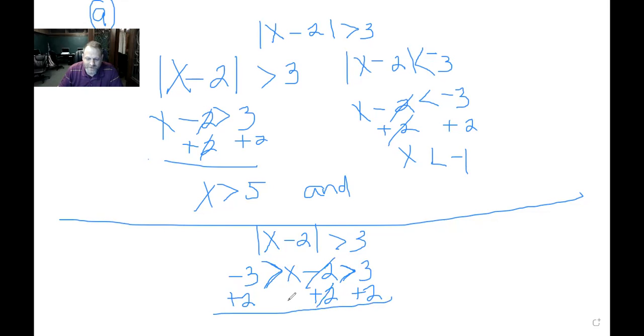And cancel, and cancel. And this is going to be -1 is greater than x is greater than 5. These have to be facing the same position.